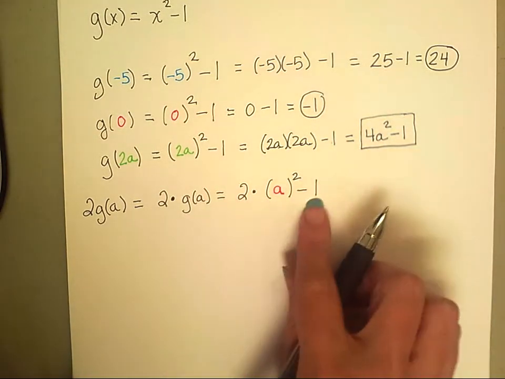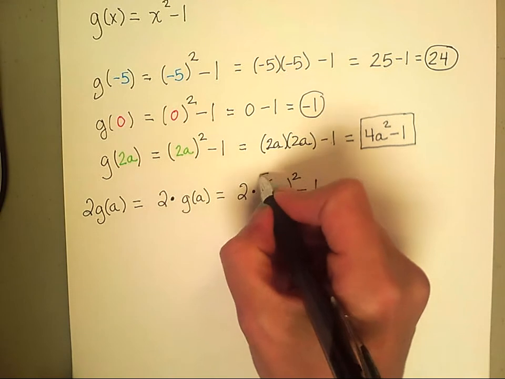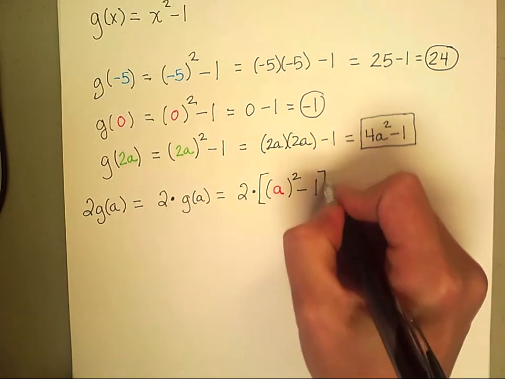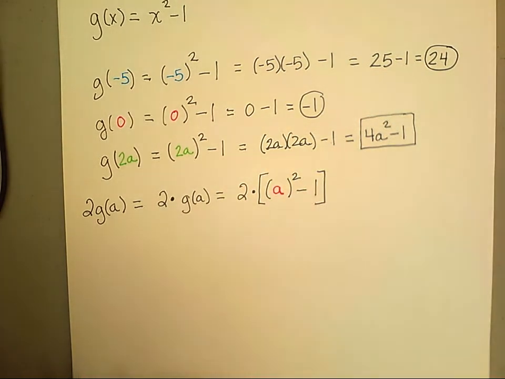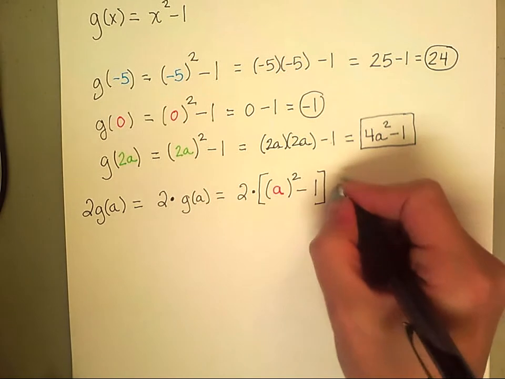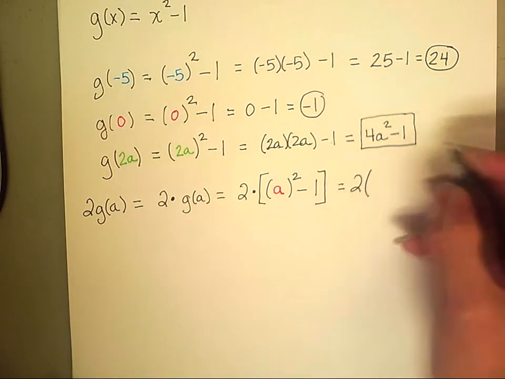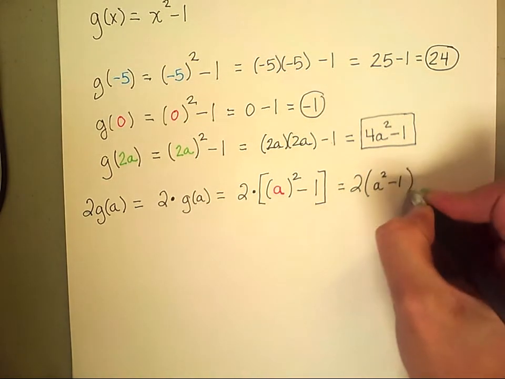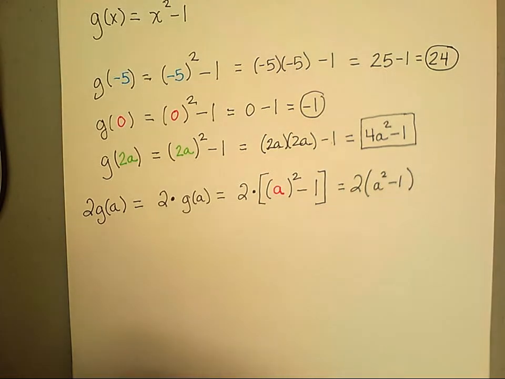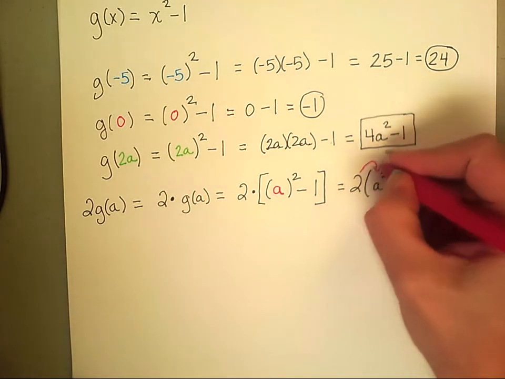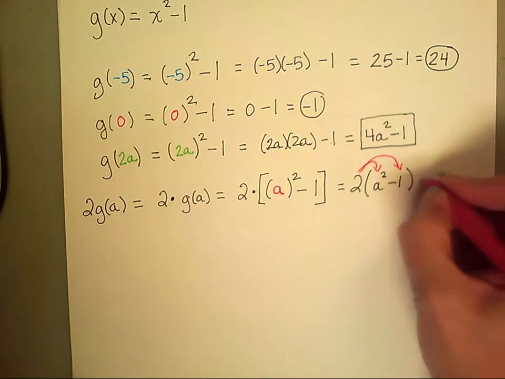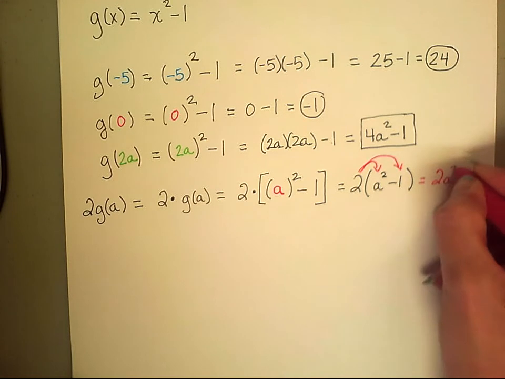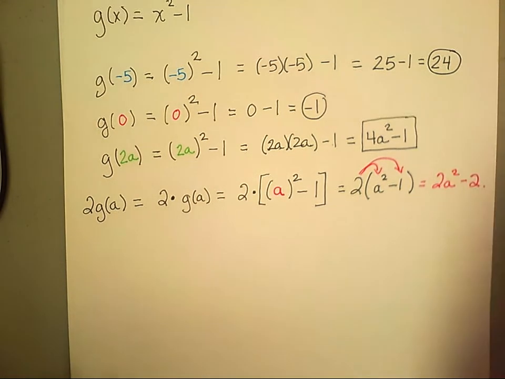But notice that this function has 2 terms, so anytime I'm multiplying I need to put up the brackets or the parentheses. Okay. Now inside of here, a squared is just a squared minus 1. And the reason why we put up the parentheses, remember, is because we have to distribute the 2. So this is 2a squared minus 2.